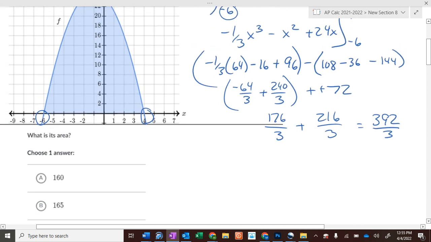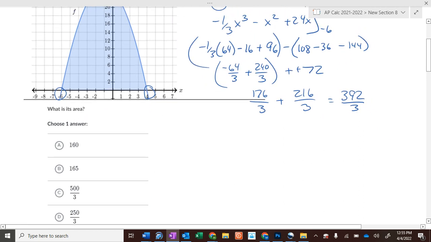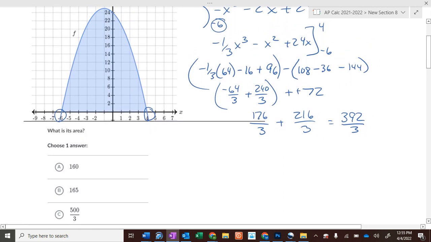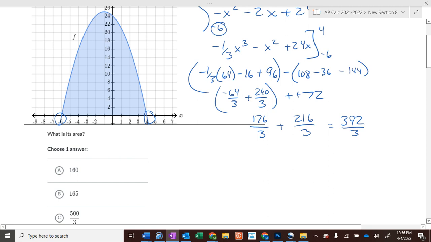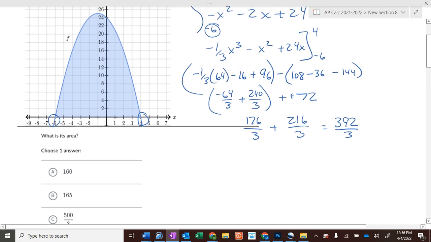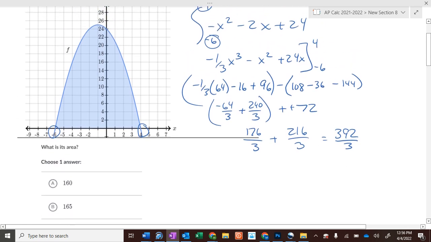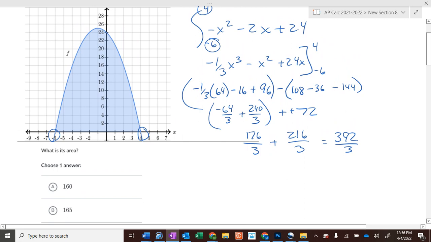Uh-oh, I did something wrong because that's not one of the answers. Divide it by 3? It isn't divisible by 3. Did you not have to divide by the distance between those two? No, it's not an average value. So I did something slightly wrong here.